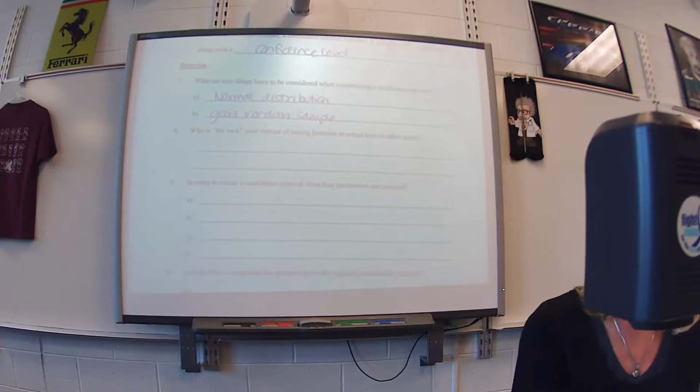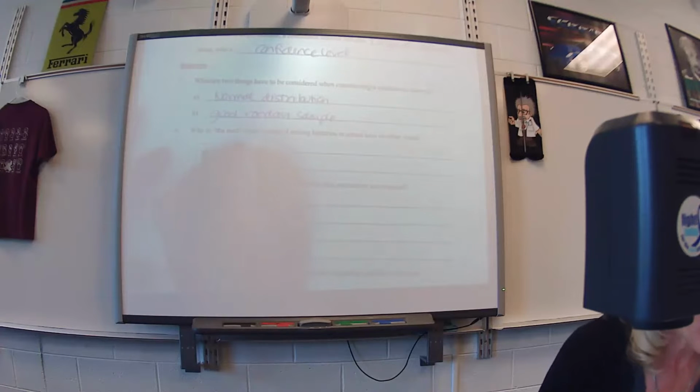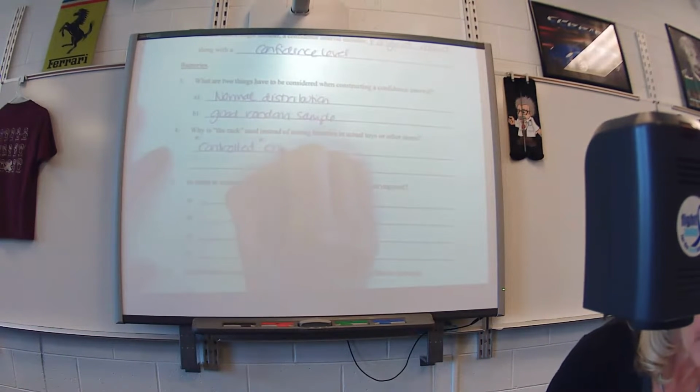All right, so why is the rack used? Now, to be honest, this is not necessarily even an important concept for chapter 8, but I thought this is important to notice, again, going back to chapter 4. They mentioned they needed a controlled environment, okay? A controlled environment.